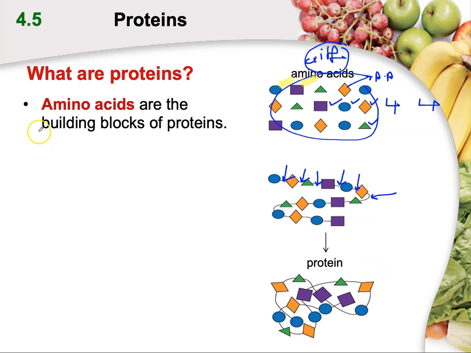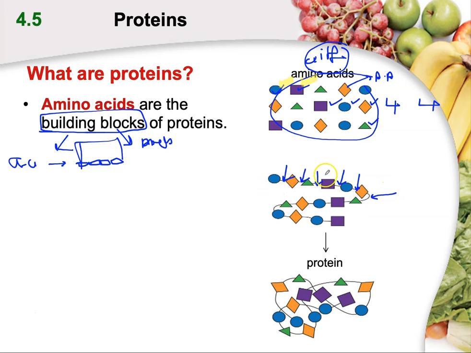So your amino acid is what we call the building block. Why do we use the word building? Block is like your bricks. Why do we say building? Because you need your amino acid to build one by one, like a brick. You see what Miss Lee is drawing? Like a brick to actually make a house. So you need your amino acid to be put together in order for you to get a protein molecule.